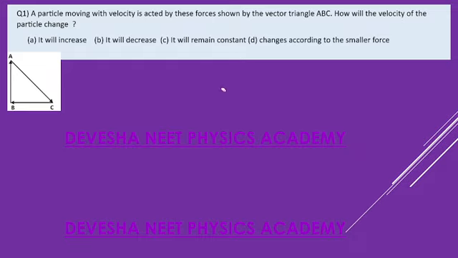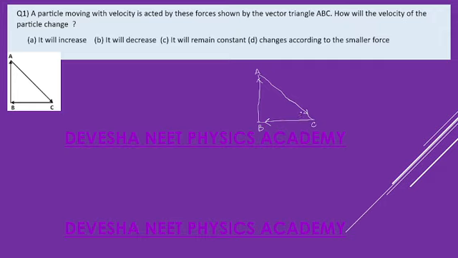So if you look at this, this is the triangle given to us with A, B, C, right? And there are three vectors given to us, which is like this one, and this one. So these are all three vectors, right?